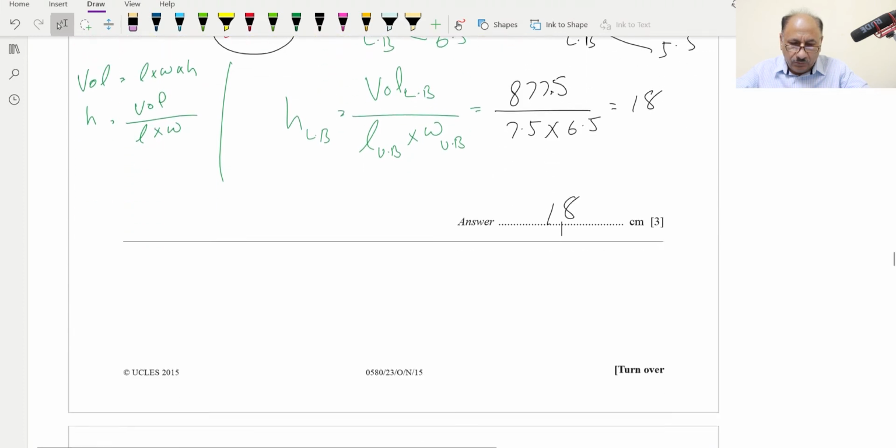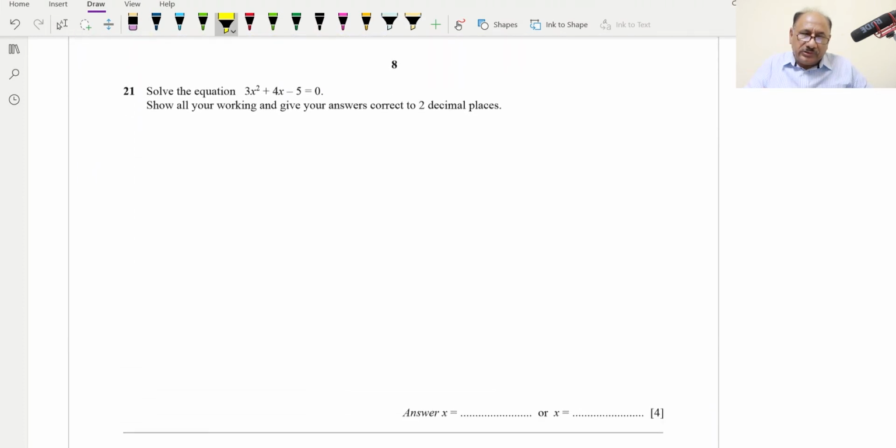Hopefully you understood this. Question number 21, we have to solve this quadratic equation. Show all your working, give your answer correct to 2 decimal places. So we can write 3x squared plus 4x minus 5 is equal to 0.